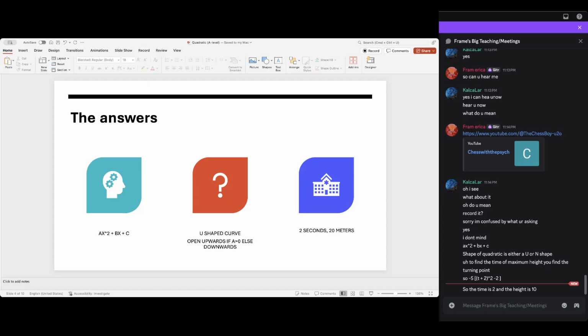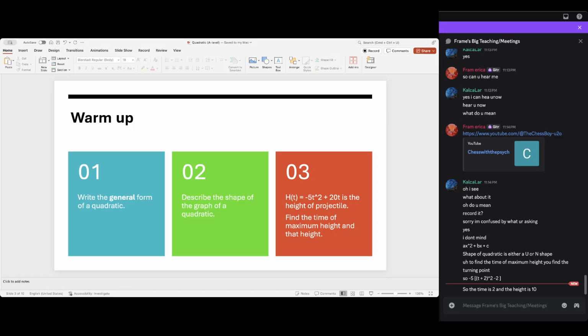The general form is ax squared plus bx plus c. And the time is 2. You can clearly see how minus 5, we have here minus 5t plus 4.